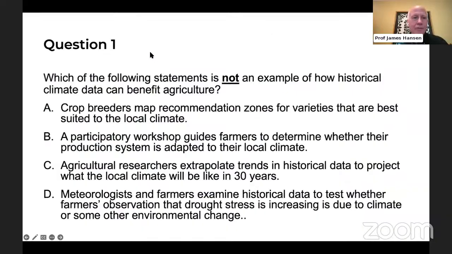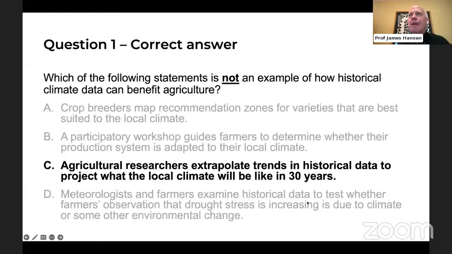Okay, let's review our answers. Question 1, which of the following statements is not an example of how historical climate data can benefit agriculture? The statement that is not an example is the agricultural researcher extrapolating trends in historical data to project what the local climate will be like 30 years from now.